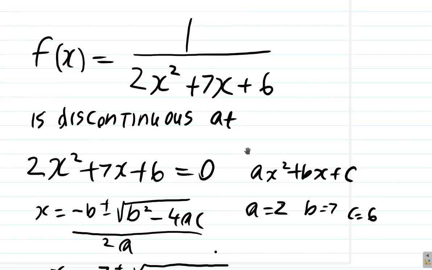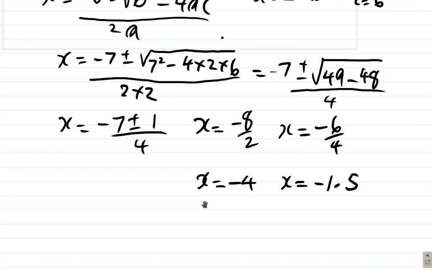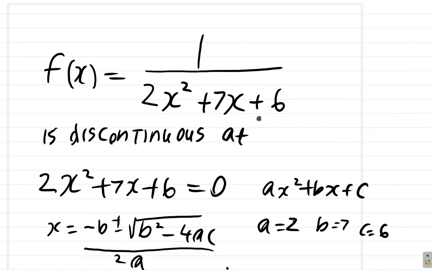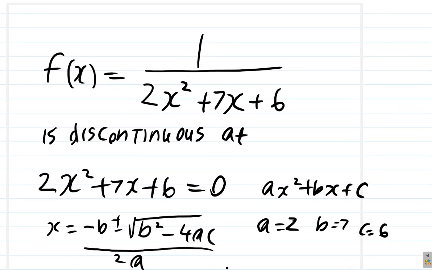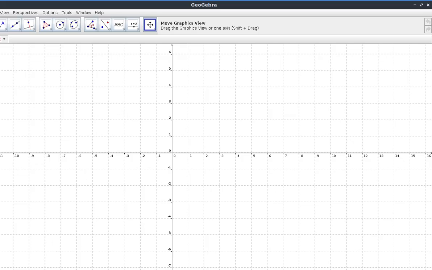It will be interesting to find out what the graph of this function looks like, and to see what happens at x is negative 2 and negative 1.5. So let's see. This is my graph plotter, GeoGebra.